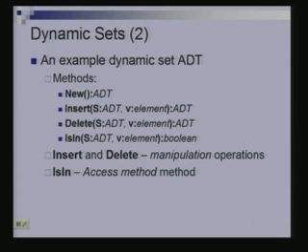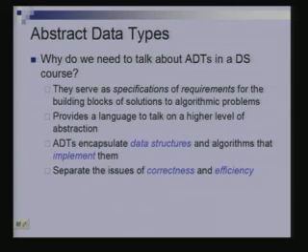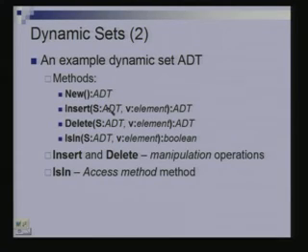So, what kind of methods would you have in a dynamic set? You would have a method to create a dynamic set, that would be the method new. There would be a method insert to insert an element into a dynamic set. S is a dynamic set, and this method has two parameters, let us say the set S and the element V, and it gives as a result an instance of the set itself, a new set which now includes the element V in it.